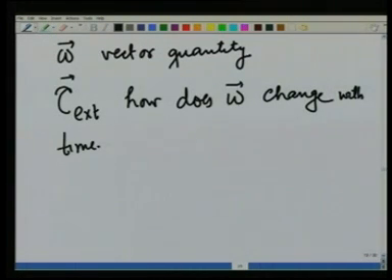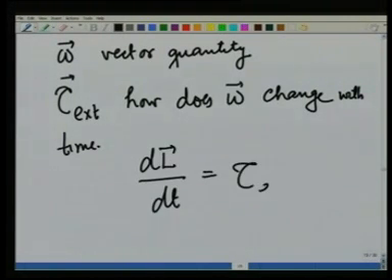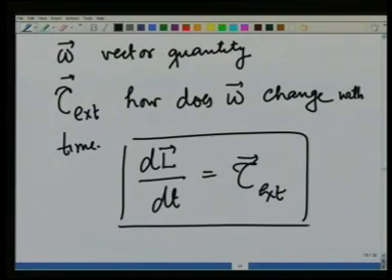The equation I know is that dL over dt is equal to tau external. So to relate the change of omega with tau external, I need to relate L and omega, the angular momentum and omega, and this is what we do next.